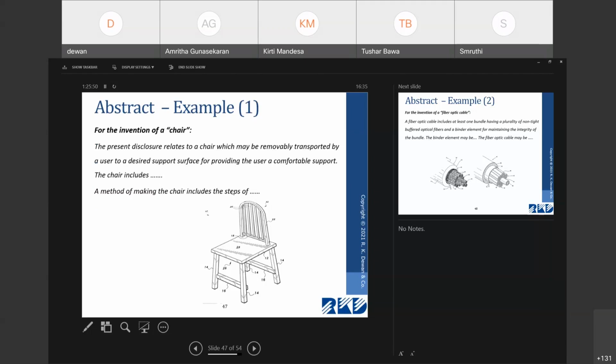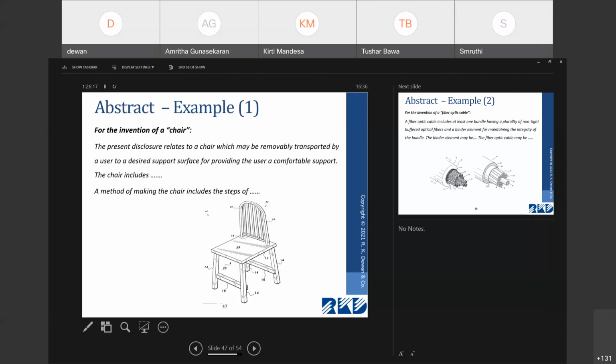The present disclosure relates to a chair which may be removably transported by a user to a desired support surface while providing the user a comfortable support. The chair includes these steps. The method of making the chair includes these steps.